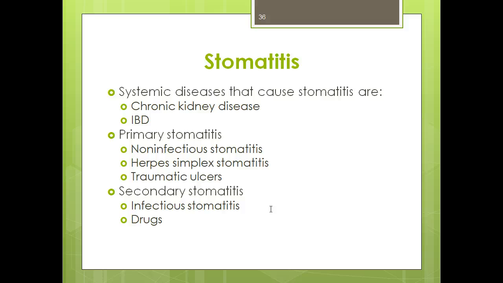A common type of secondary stomatitis is caused by candida, like when you hear about people having some type of fungal infection. Candida is usually present in small amounts in older adults, or somebody who has been on antibiotic therapy, where their normal flora have been killed.